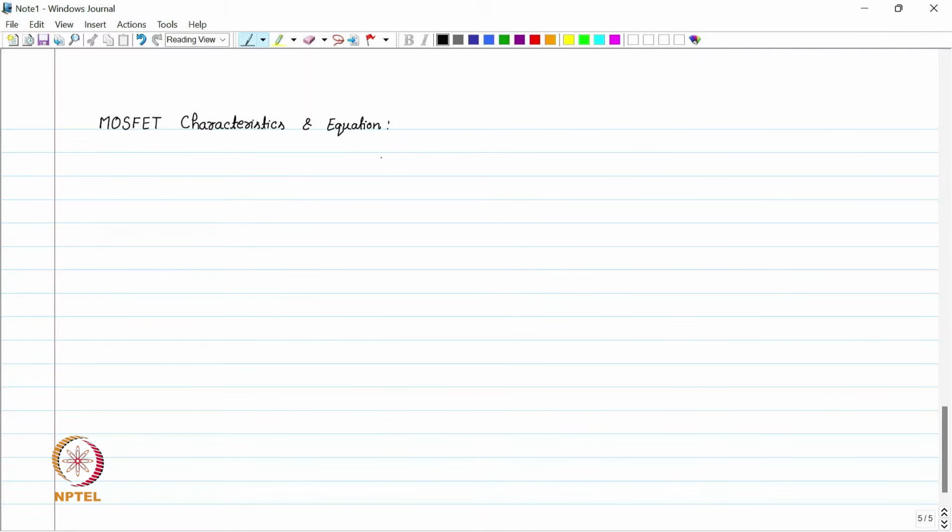So if we apply a drain voltage at this MOSFET, which we saw in the last slide, and we measure the drain current at the y-axis, so the y-axis is the drain current and the x-axis is the voltage between drain and source, then a typical characteristic for a MOSFET looks something like this.